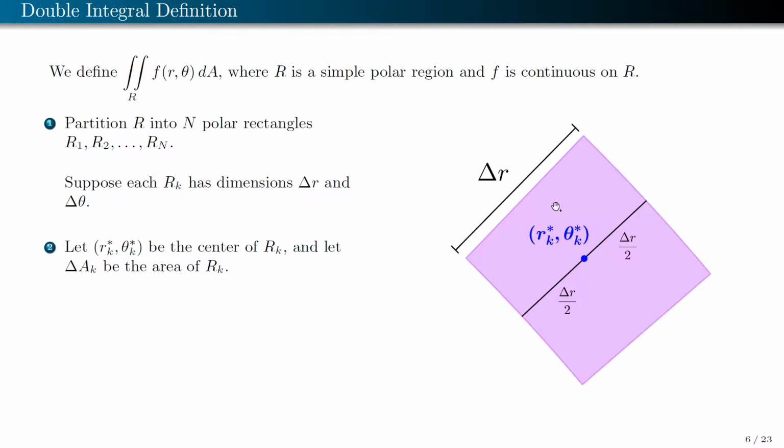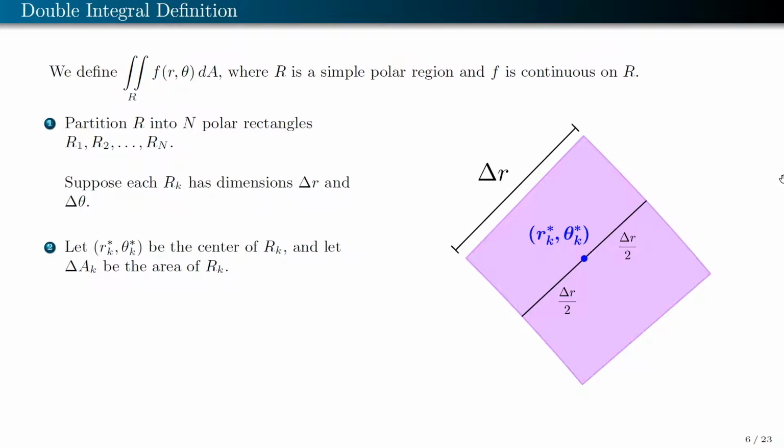Okay, so this is delta r. Okay, tapos we let r_k star, theta_k star be the polar coordinates of the center of rectangle R_k. So center siya so that yung distance niya to the adjacent na circular sides, itong sides na to ay delta r over 2.